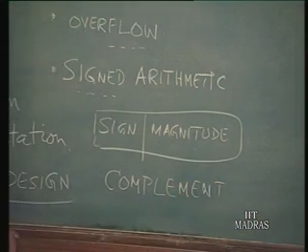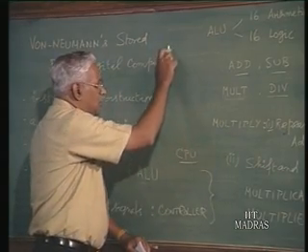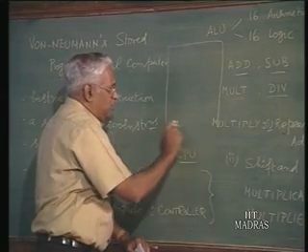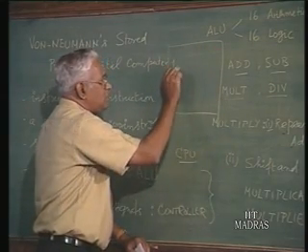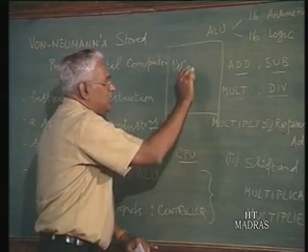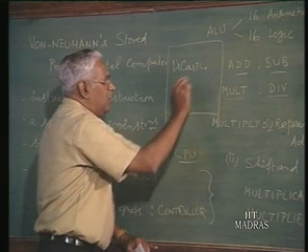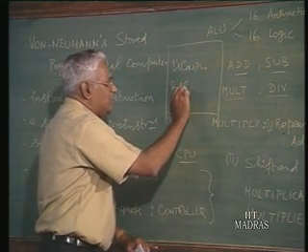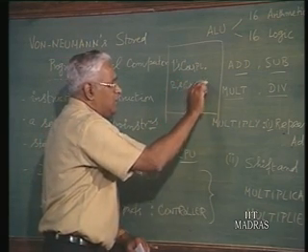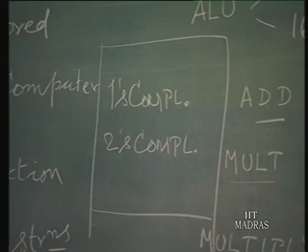So, there is another form, that is complement representation, and we all know that there are at least 2 things, that is called 1's complement and 2's complement representation in binary. That also is there.